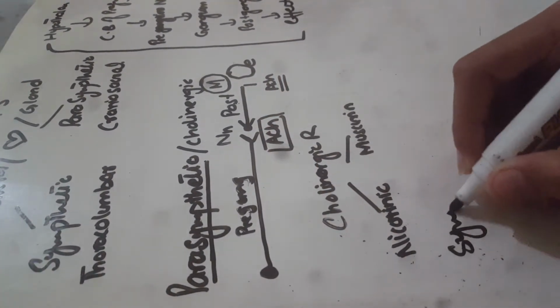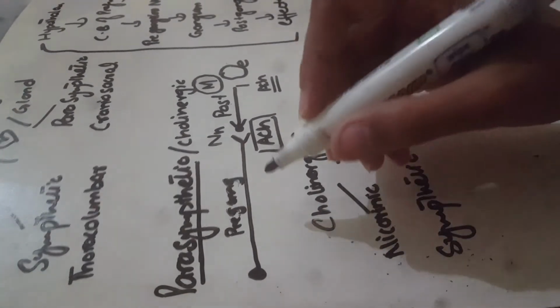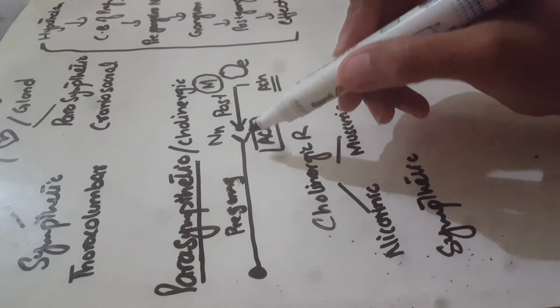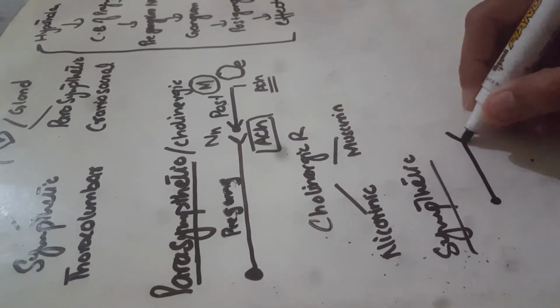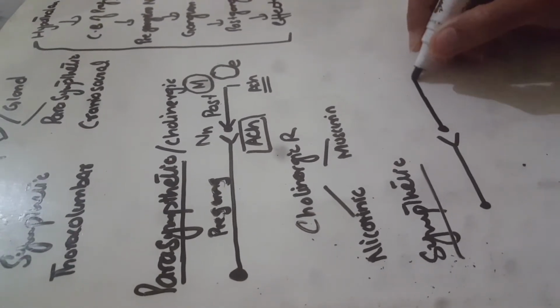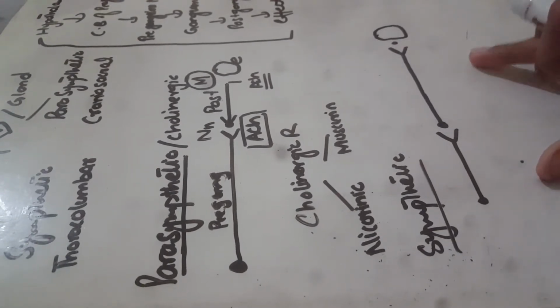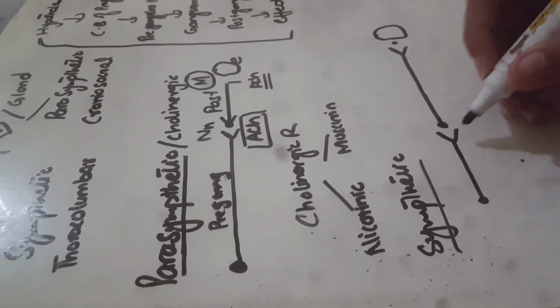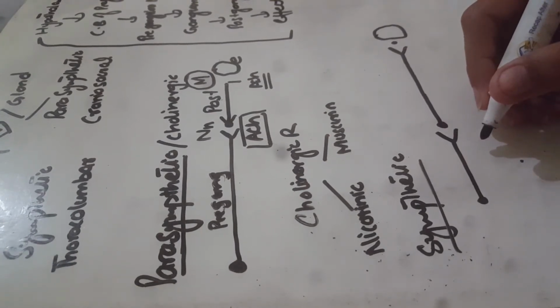Now I'll discuss the sympathetic, how the sympathetic action is performed. Here, opposite of this, in parasympathetic we have long preganglionic. Now in sympathetic we have short preganglionic. Here is the autonomic ganglia. Then we have long postganglionic. This is the effector organ, right? In sympathetic, again, the neurotransmitter here is adrenergic, right?